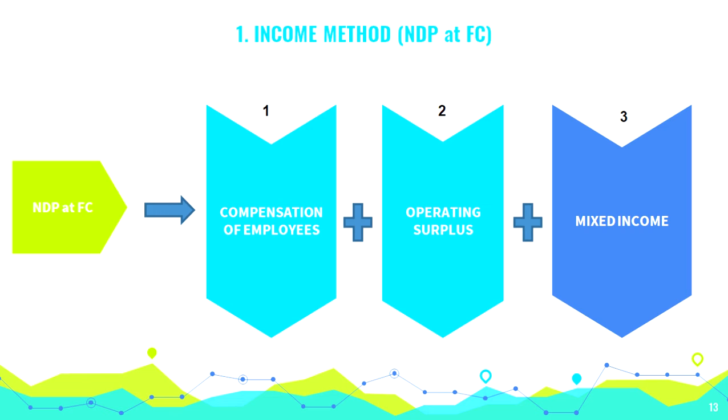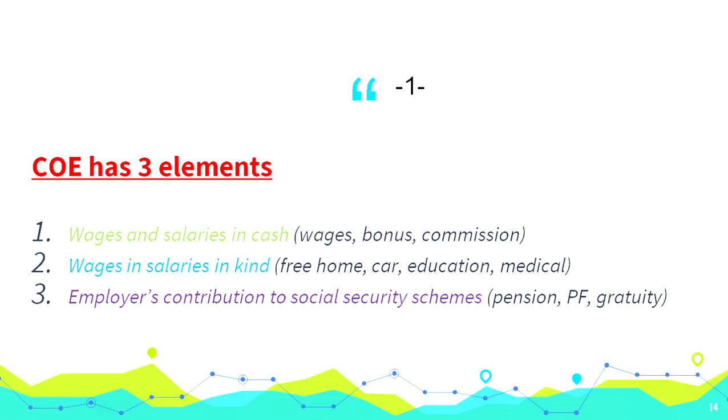Now let us try to understand in detail about each component. First component, that is compensation of employees. Before proceeding with this, you have to understand the difference between an employee and an employer. Employee means a person who works in any institution.